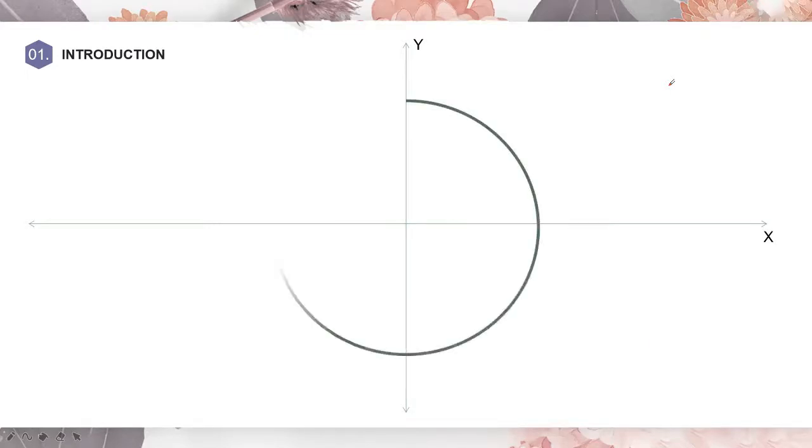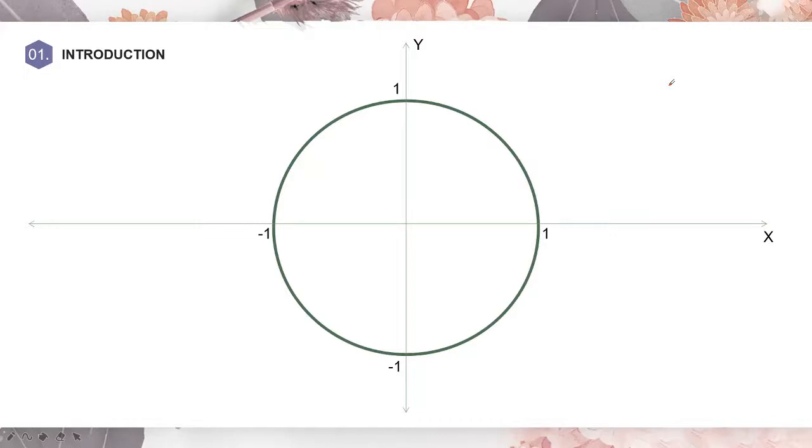That is, I am going to draw my x-axis and my y-axis, and I'm going to draw a circle now. I'm going to draw a circle of radius 1. That means this is a unit circle. Unit circle means it has unit radius.